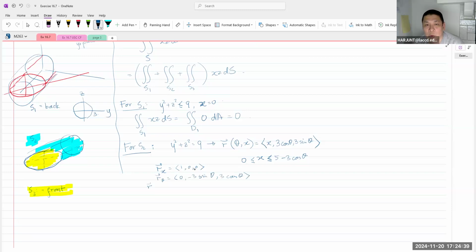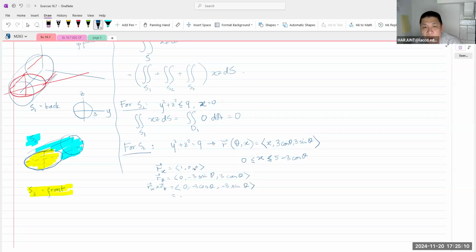So the cross product is 0, then negative 3 cosine theta, and then negative 3 sine theta.